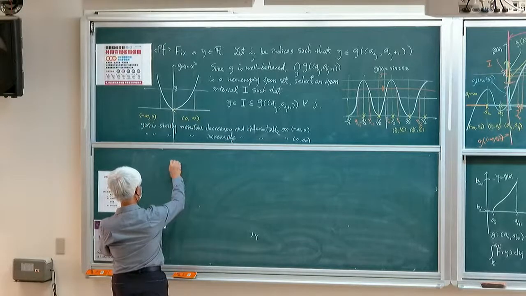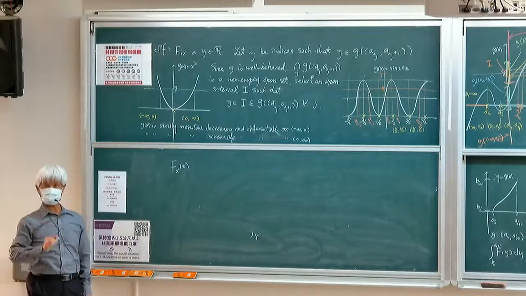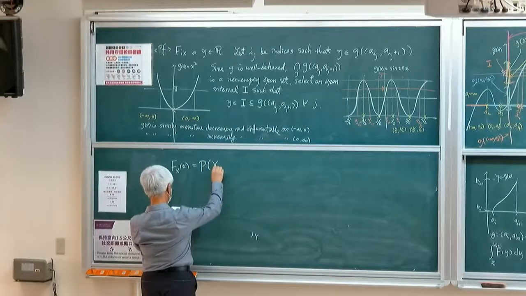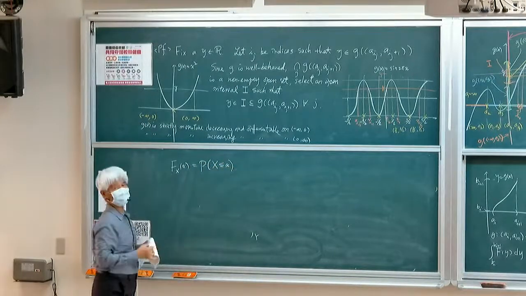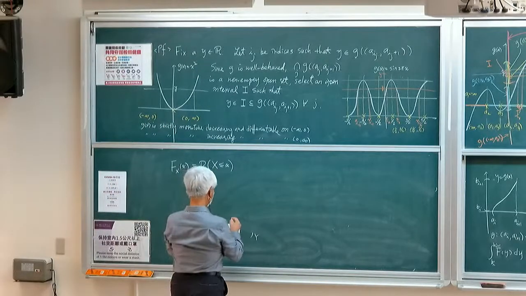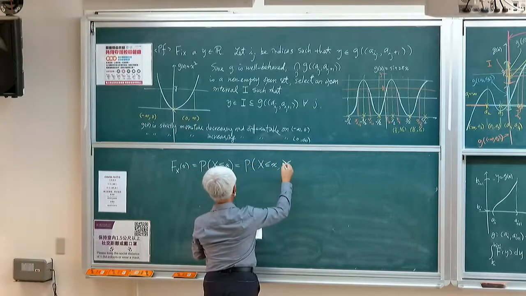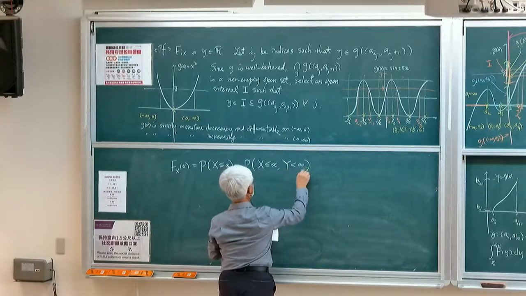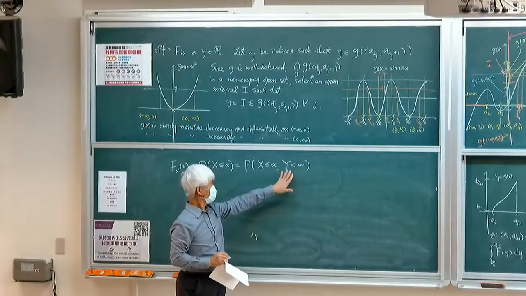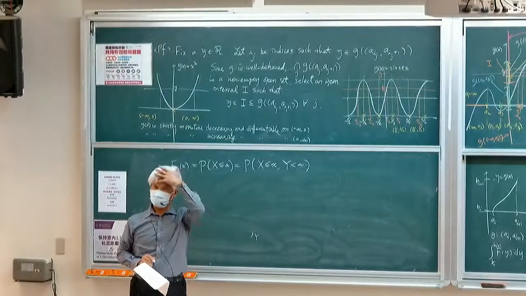Now, first of all, we want to find the CDF of x. By definition, this is the probability of this event. Okay? And so we can express this event intersect with the total event, because y less than infinity is the total event, right?